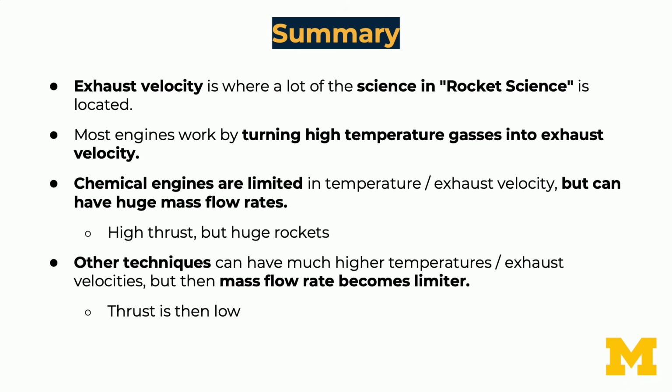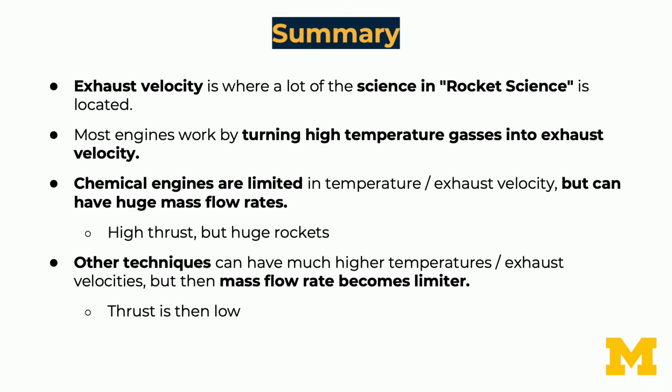So in summary, the exhaust velocity is where a lot of the science in rocket science is located. Most engines work by turning high temperature gases into exhaust velocity. So you combine two things, it creates an explosion, very hot temperature, very random motion, and then you use a nozzle to direct that random motion into kinetic energy, or bulk flow energy.